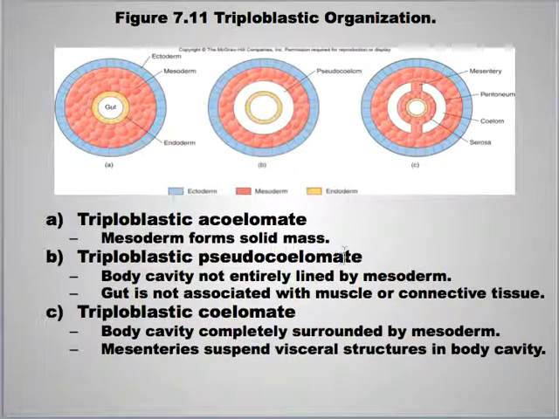You can have acoelomates, pseudocoelomates, and coelomates. Coelomates are by far the most common, and it means that the body cavity is completely surrounded by a mesoderm. Pseudocoelomates and acoelomates you're talking mostly about some worms.